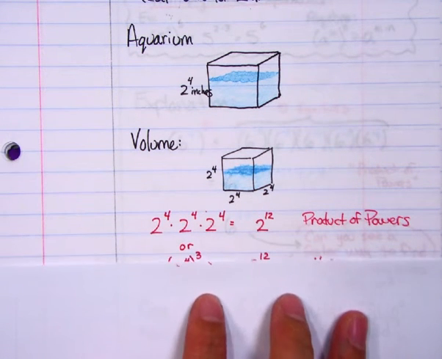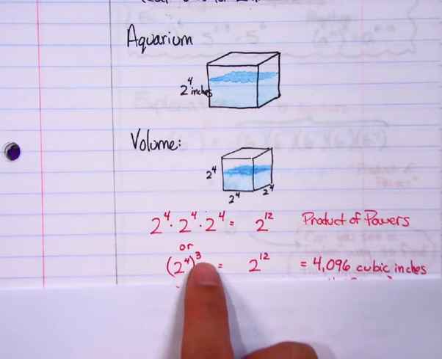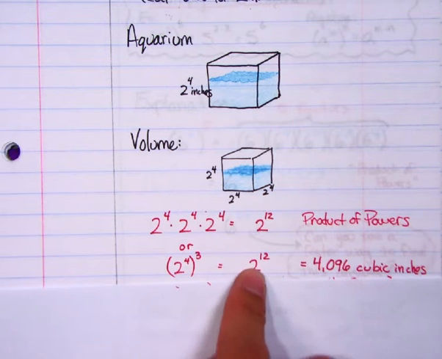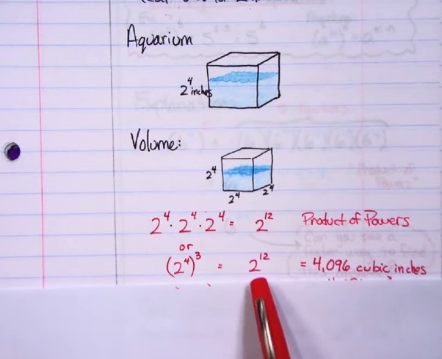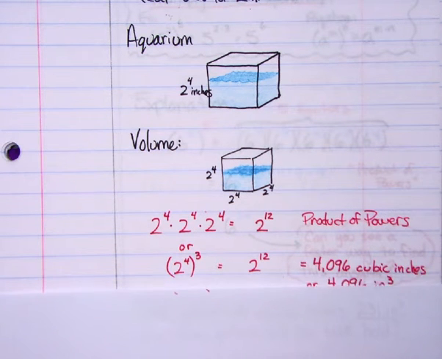I can also write this as 2 to the 4th, 3 different times, to the 3rd power. 2 to the 4th times 2 to the 4th times 2 to the 4th gives 2 to the 12th. If I actually did the numbers, 2 times 2, 12 different times, I end up with 4,096 cubic inches. And that's how that's written.